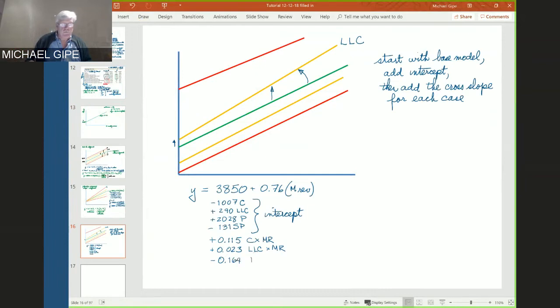Then 0.164 times partnership times monthly revenues. And then finally, the fourth, 0.026, sole proprietorship times monthly revenues. And just to be clear here, I'll call it MR in all places. And these four terms are the cross terms, or what we call the slope terms, or the interaction terms.